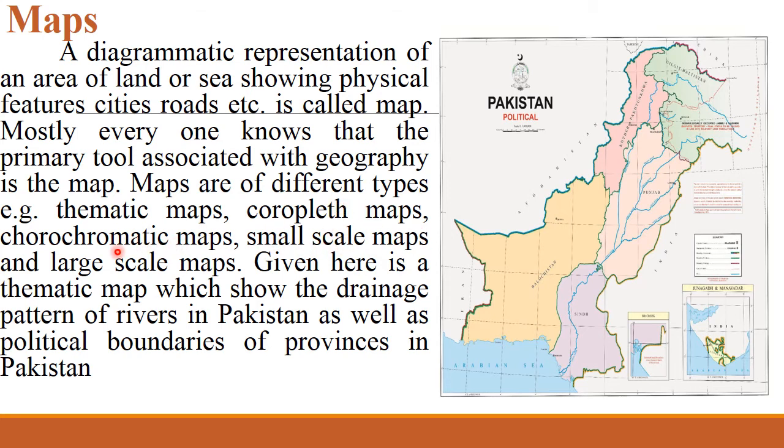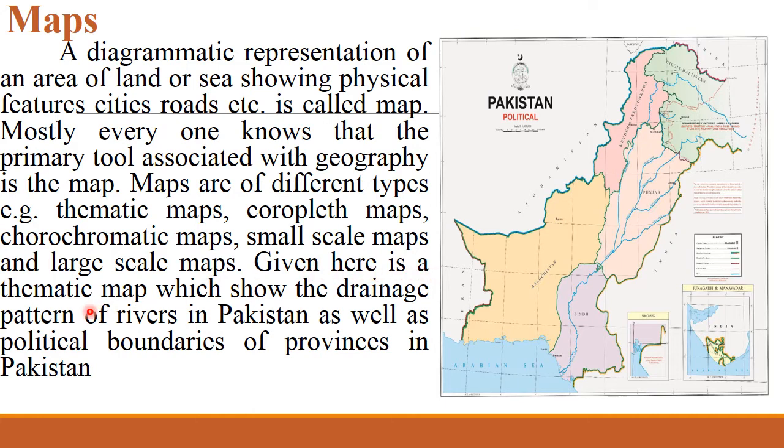Small scale and large scale are terms used according to the area and the information. In small scale, the area is small but the information should be large or much. In large scale maps, the area will be large and the information should be short.